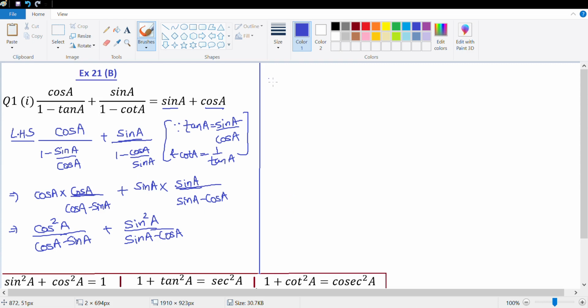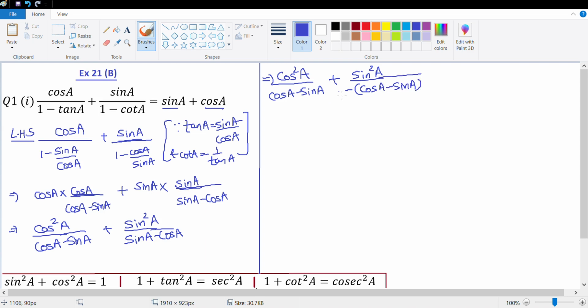So let's use that method, which is I'll take -1 common. So let's see how it works. Cos square a upon cos a minus sin a, and this is plus sin square a upon, in the denominator if I take negative sign common, then what I get is cos a minus sin a.